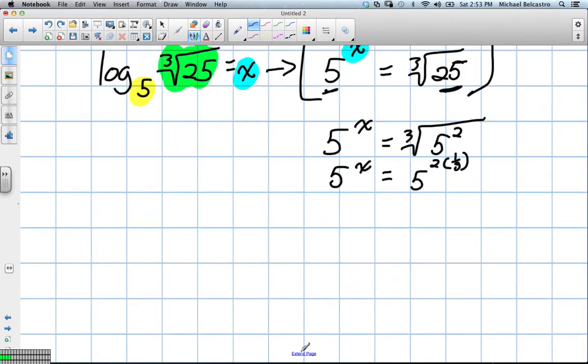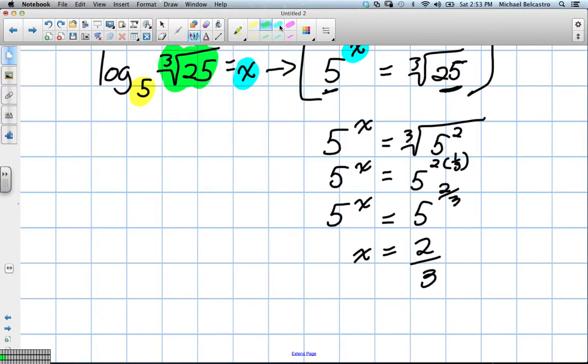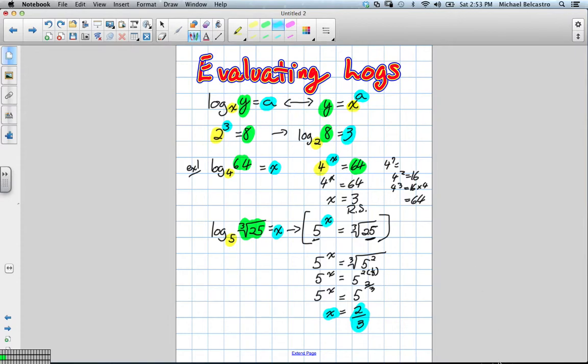So what's 2 times 1/3? 2/3. So 5 to the x is equal to 5 to the power of 2/3, which means x is equal to what in this question? 2/3. So that was our unknown, or our answer in this question. So that's how we can relate it to a radical also. We've done a simple and then a complex version.